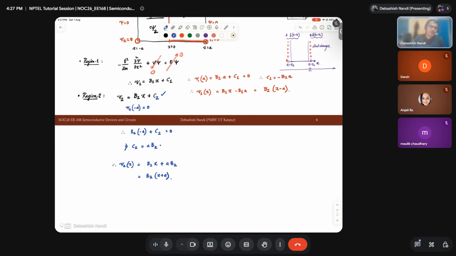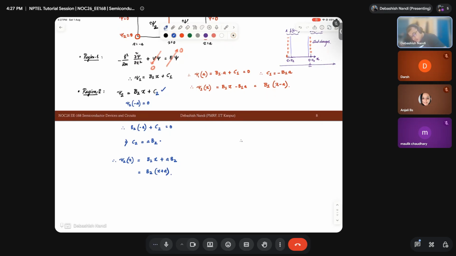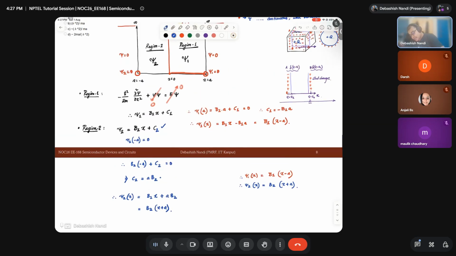Okay, so using the boundary conditions at the edges, I get psi 1 of x equal to b1 times (x minus a), and psi 2 of x is equal to b2 times (x plus a). Fine. Now we'll use the boundary condition at this point. So at x equal to 0, my psi 1 of x and psi 2 of x should be equal, right?